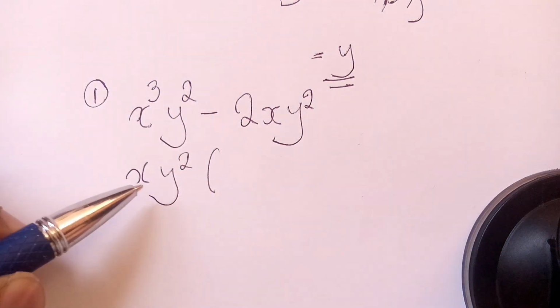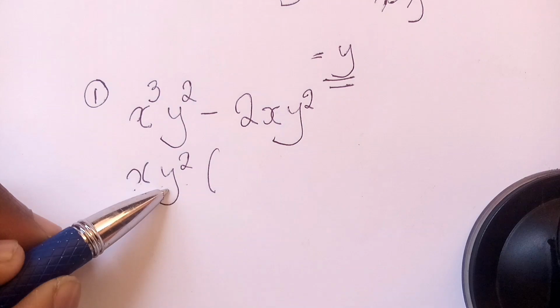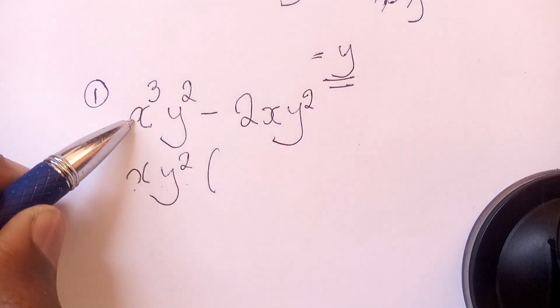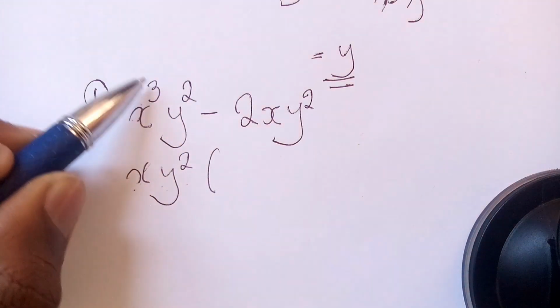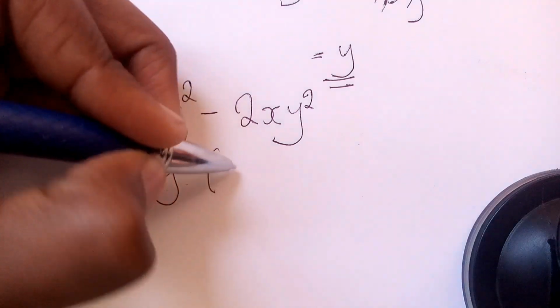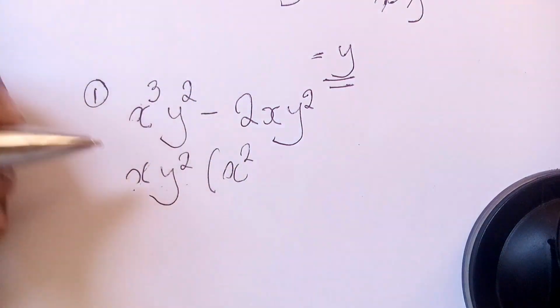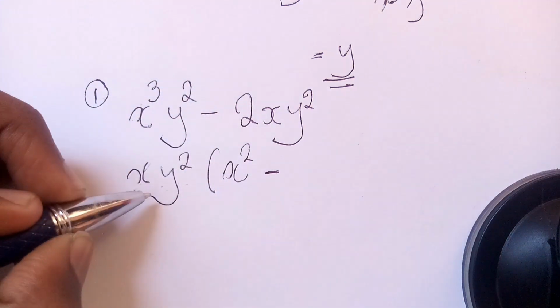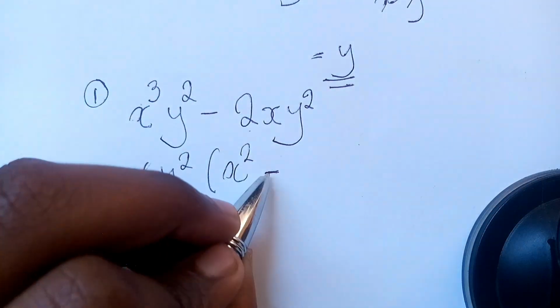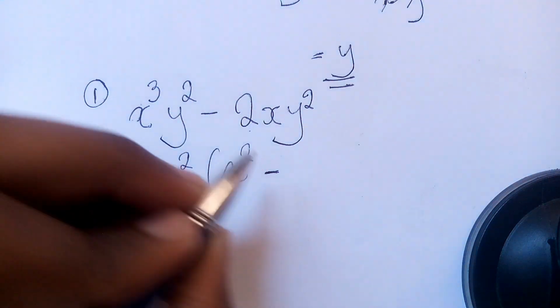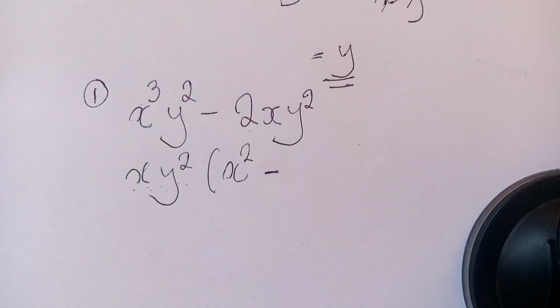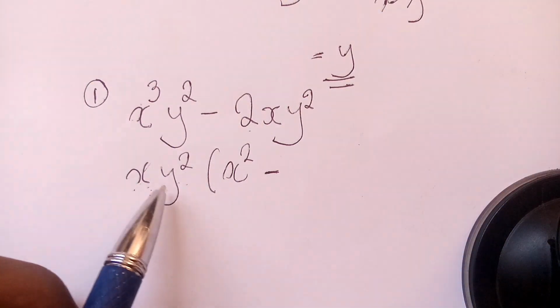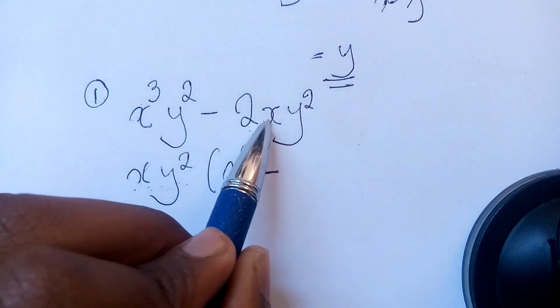Great. So now we say xy squared into this term over here. We know this and that would reduce the 3 to x to the power 2. And then this and that would cancel. Now we introduce the minus, because this into that would obviously give us a negative number. And now we say xy squared into 2xy squared.